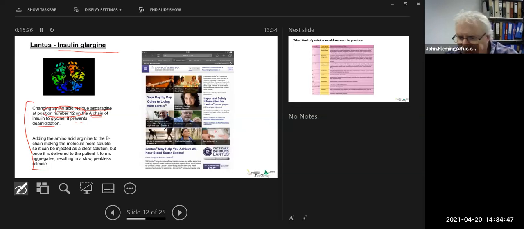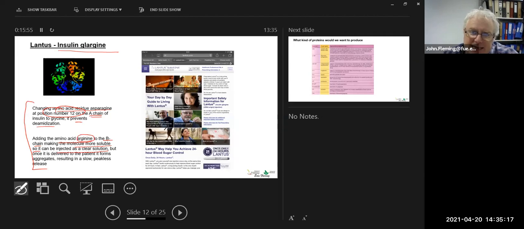The other thing is that, through this sort of technology, they've added the amino acid arginine to the B chain, and this makes the molecule more soluble at a specific pH. So once the protein goes into solution at that particular pH, it is clear, so it is injected into the patient as a clear solution.